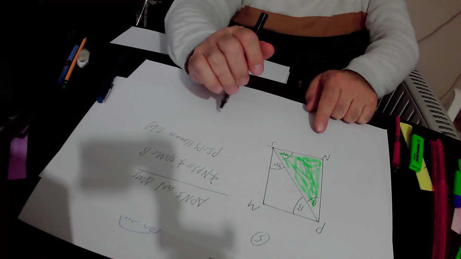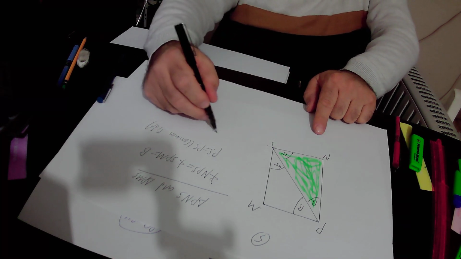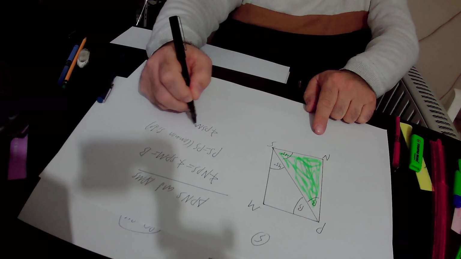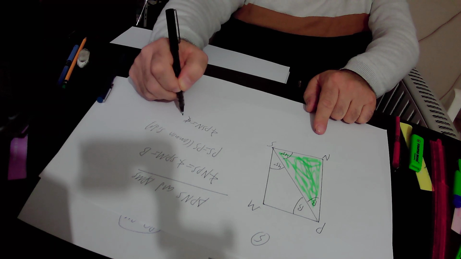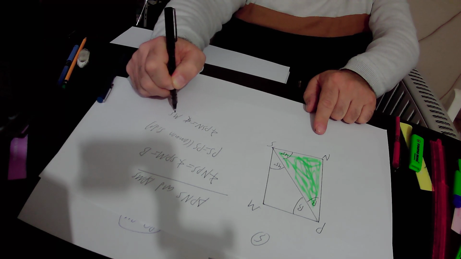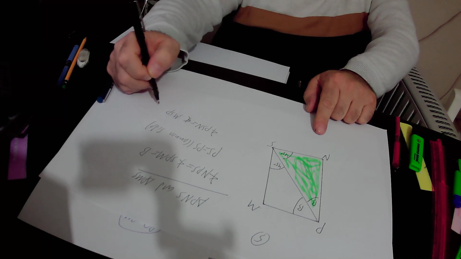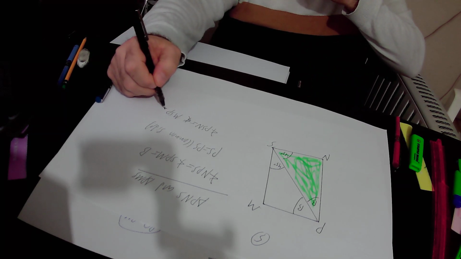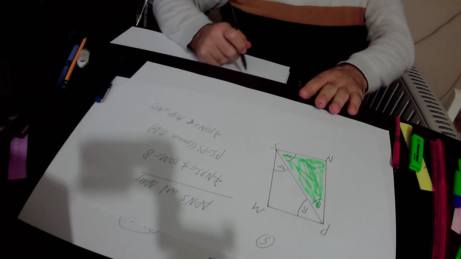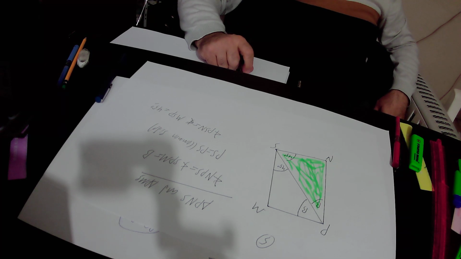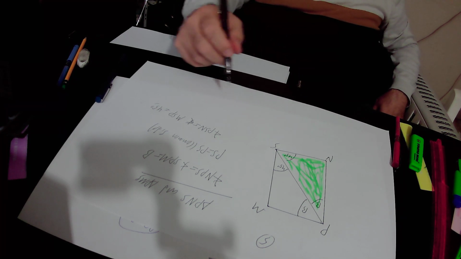So we can write down that angle PSN is equal to angle MSP, and they are both equal to 45 degrees. So we actually proved that the green triangle PNS is congruent to the white triangle PMS.